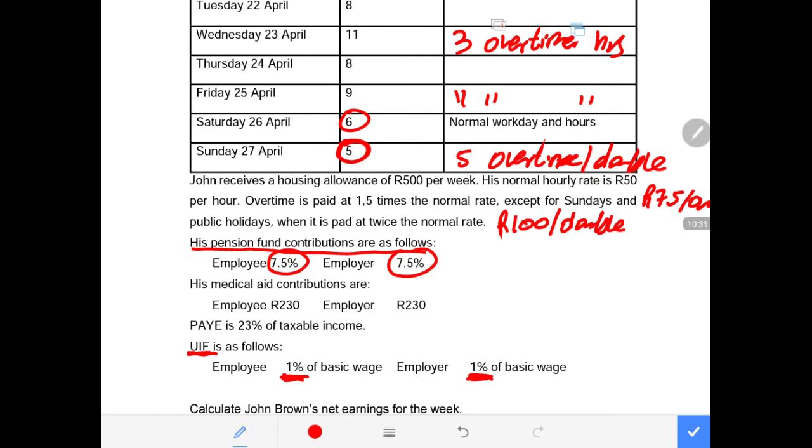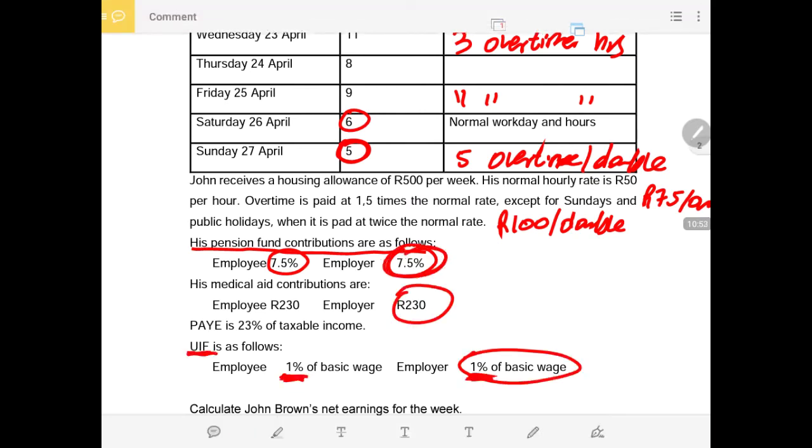Now, when we speak of total cost to company, we also need to take into account the contributions made by the employer, in order for us to get to total cost to the company, because the company is paying all these expenses.